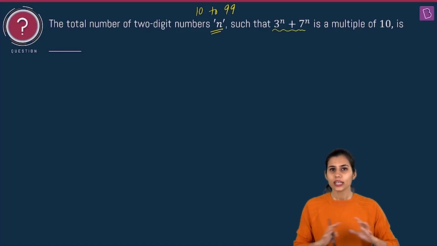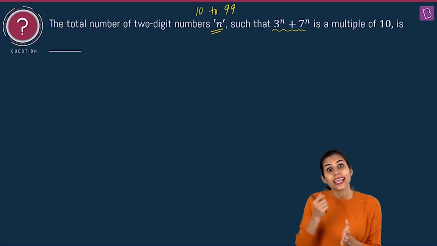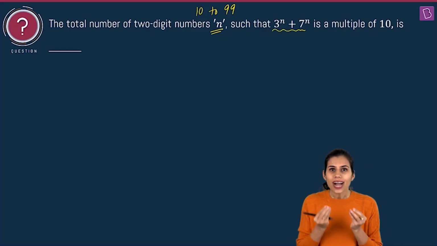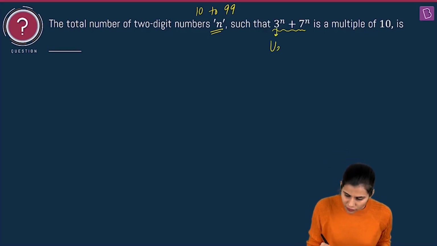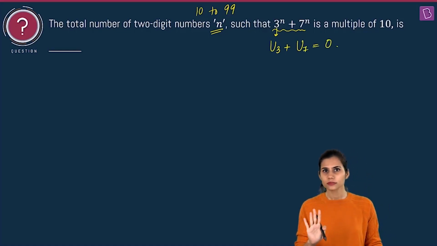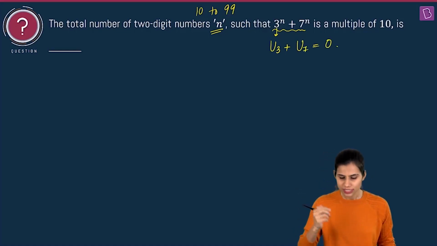That's the question. Now, a number happens to be a multiple of 10 when it ends with the digit 0. So, I want those values of n for which the units digit of 3 to the power n plus units digit of 7 to the power n comes out to be 0. Isn't it? Let's check out something.